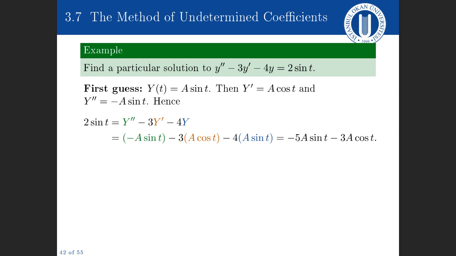Now on the left, it's 2 sine t plus 0 cos t, really. So I need 2 to be the same as minus 5a, and I need 0 to be the same as minus 3a.